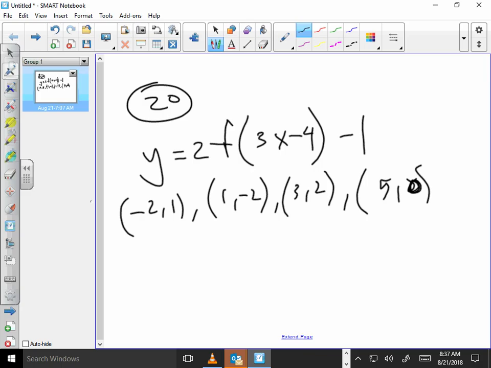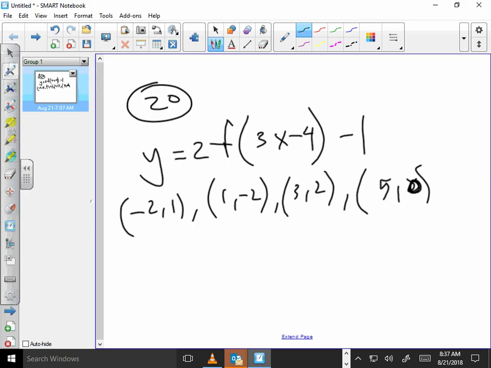I see two x transformations because these are inside the function. I see two y transformations outside the function. I prefer, rather than do 4 separate lines doing one transformation at a time, I like combining one x transformation and one y transformation at a time to save time and space.